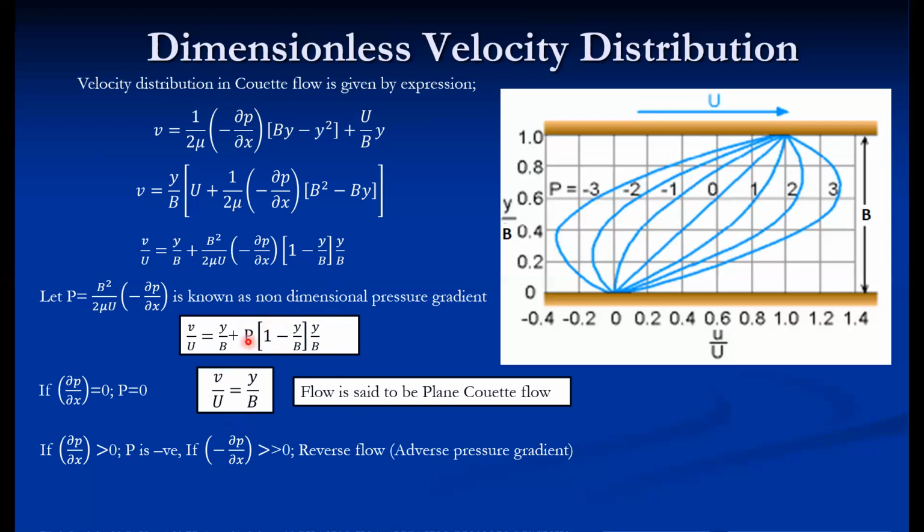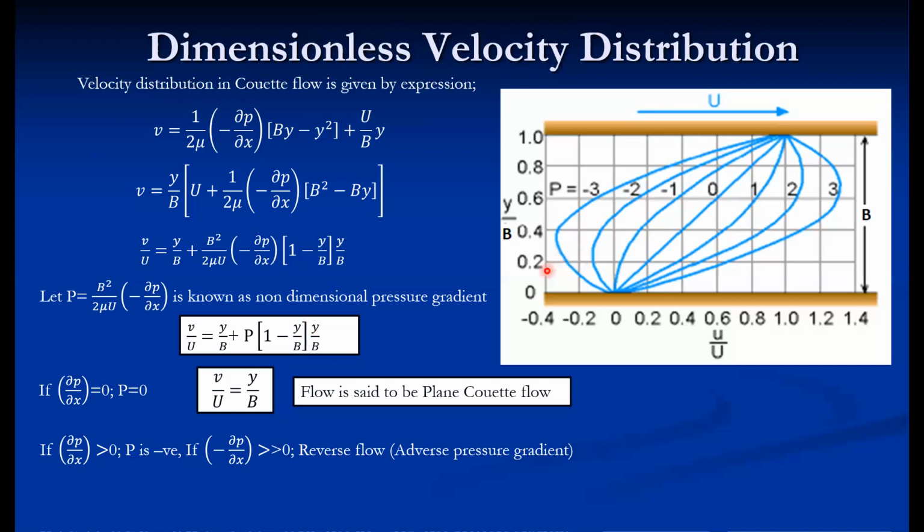So if P is negative, then V by U is less than Y by B, because this term is subtracted from Y by B.